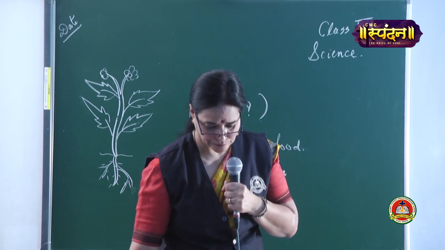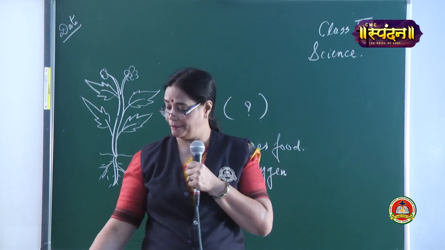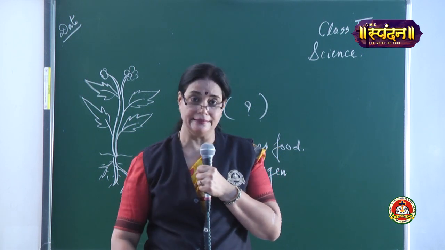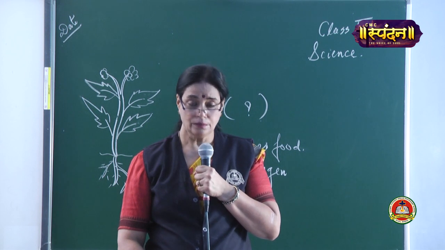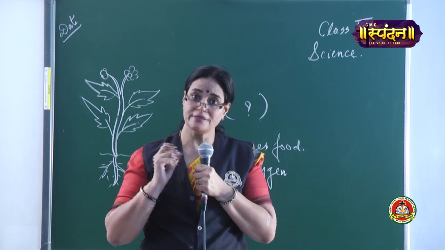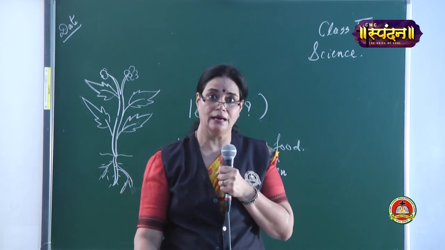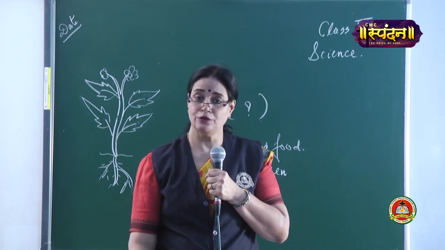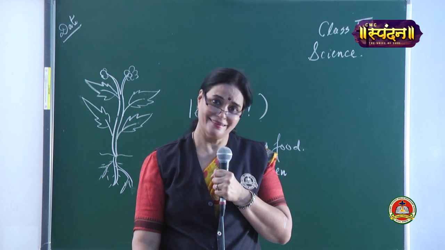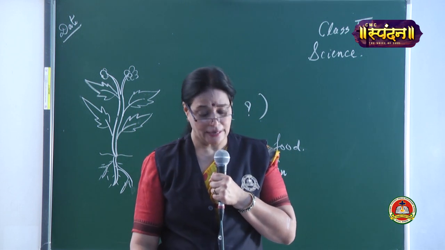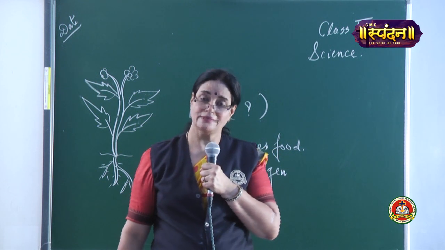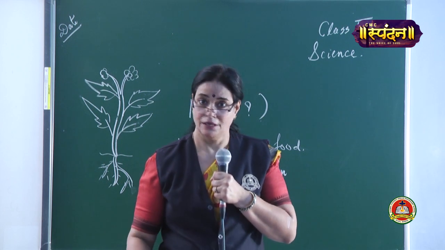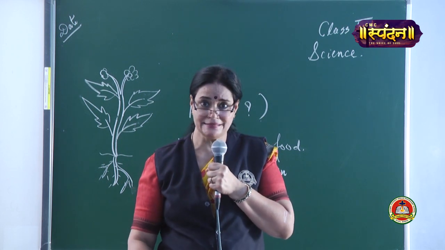Okay? Some leaves store extra food made by them. Now, in some leaves, food is stored. Extra food made by the plant is stored in some leaves. And we eat those leaves. Can you tell me a few examples? Yes. Spinach and cabbage are 2 examples of leaves that we eat. We eat different parts of the plant, isn't it?